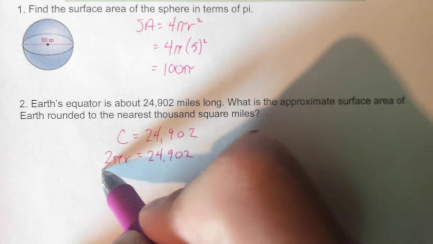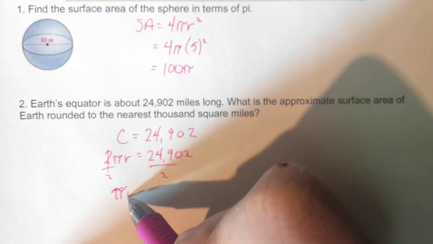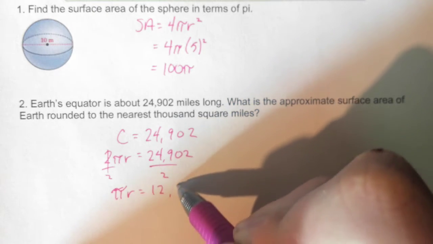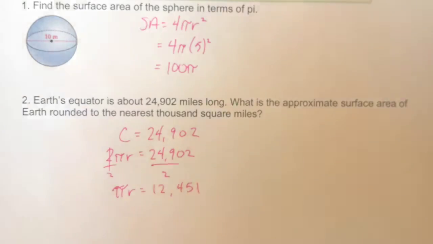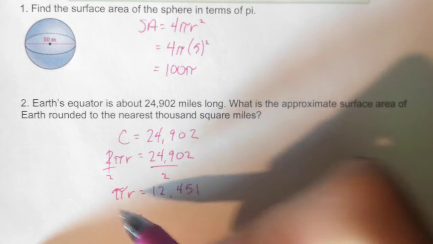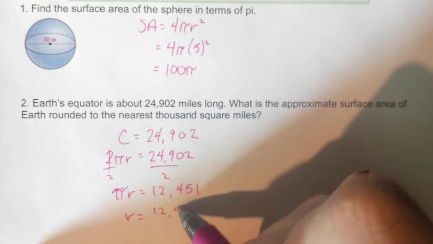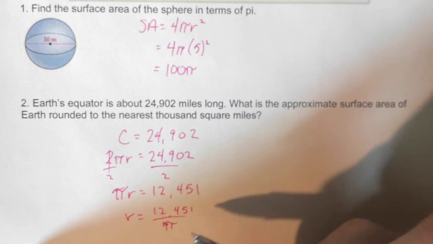First we would divide both sides by 2. So pi r equals 12,451. Then to solve that for r, I would just leave it in terms of pi for now because it's going to be convenient for us in just a second. So it's going to be 12,451 over pi.